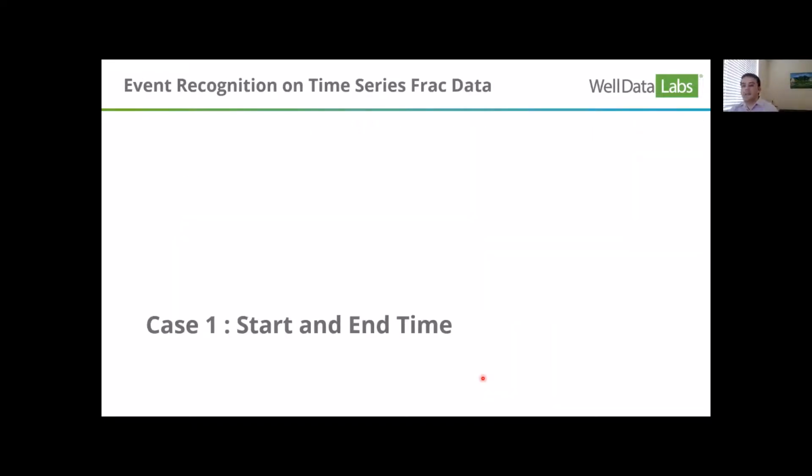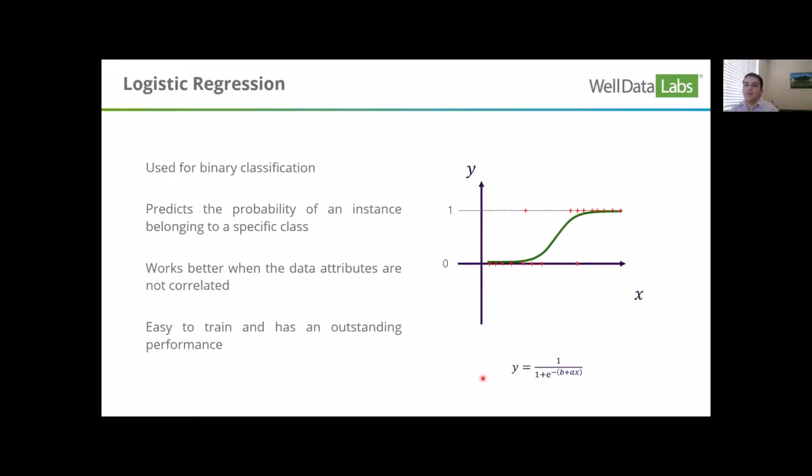So our first case of study is the start and end time labels. For this project, we use logistic regression as a classifier. We thought about this project as a binary classification project. I'm going to talk about that later. But we selected logistic regression out of multiple other machine learning algorithms because it's a binary classification problem.